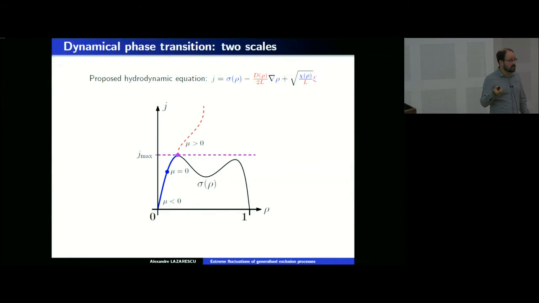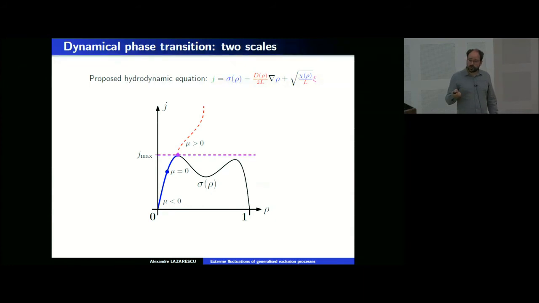So the system can maintain a current below J max, even if it's a positive fluctuation of the current, by a localized defect with a cost that doesn't depend on the size of the system because it's localized.